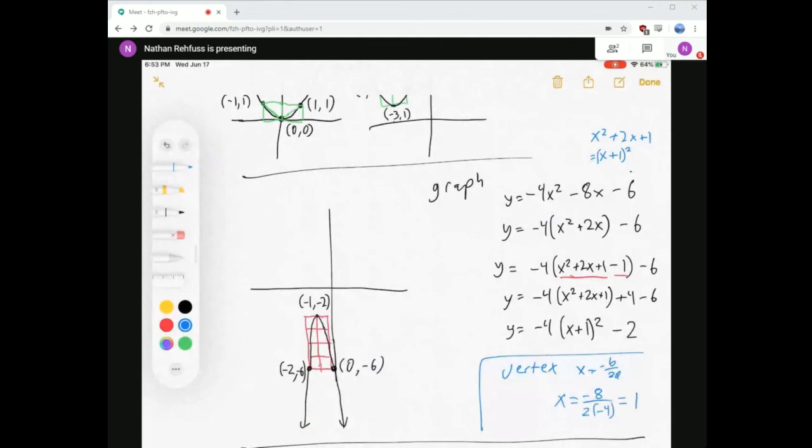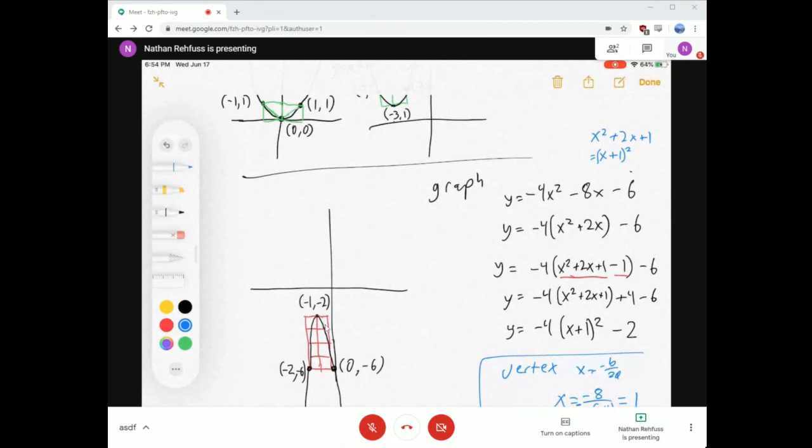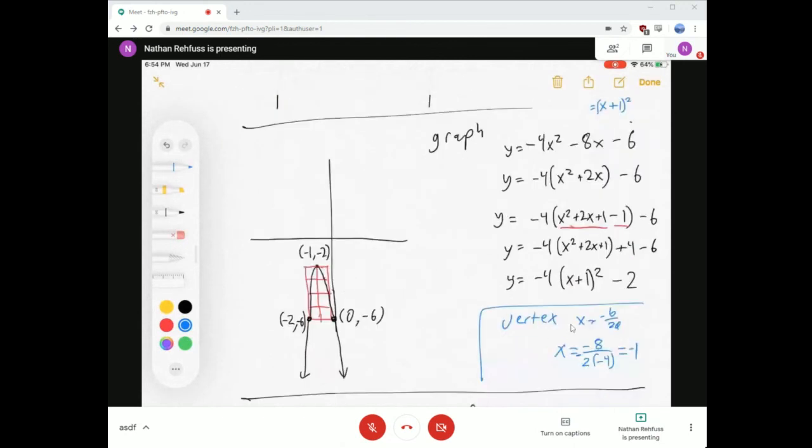So the vertex happens, whoops, missed a minus sign. There should be a minus sign on the outside here. So the vertex happens at negative 1, which is what I have in the picture. Thank goodness they're consistent, right? I did not just break math. It's negative of b over 2a, and b is negative 8, and a is negative 4. So there's 3 minus signs here. So that's where our vertex is, just as predicted.